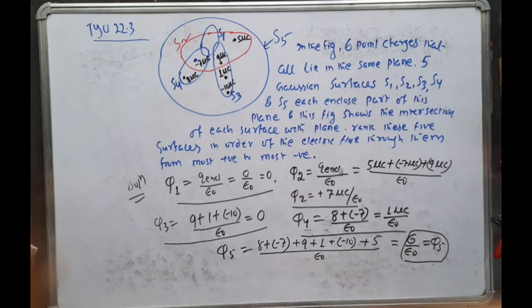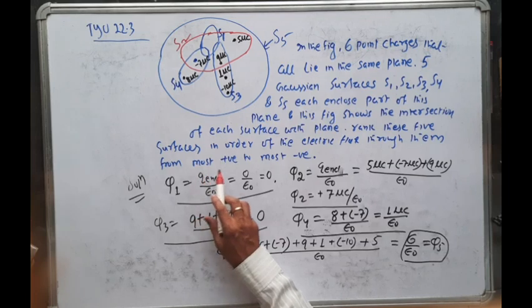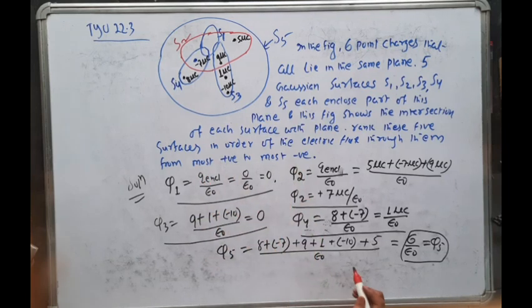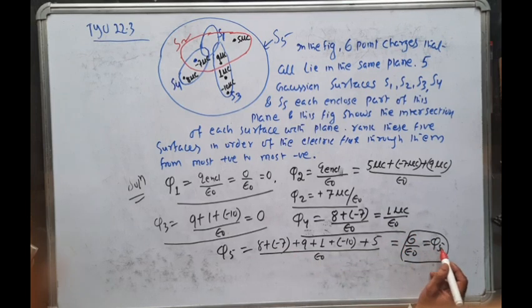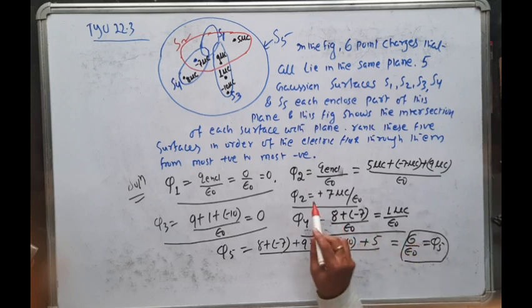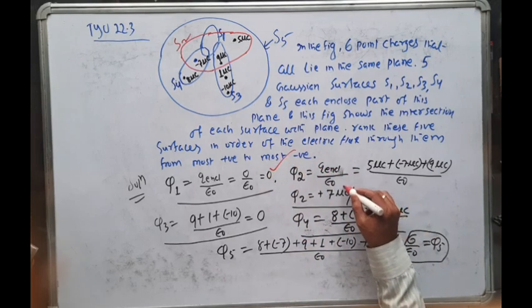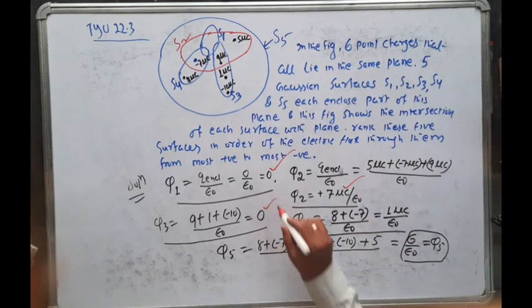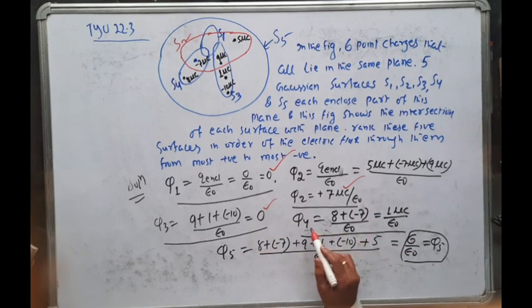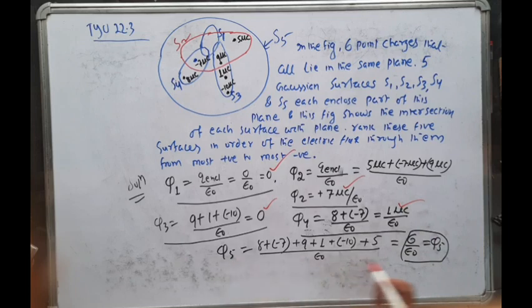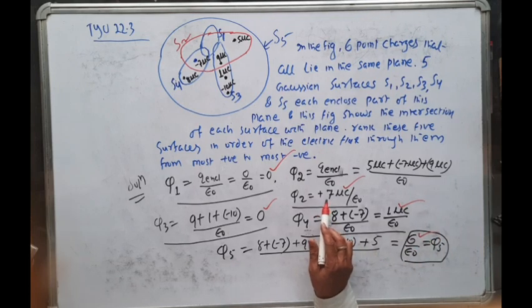So what is our question? We have to rank these 5 from most positive to most negative. So you see, most positive is which one? This is 1, this is second, this is third, this is fourth, this is fifth. Which is most positive?